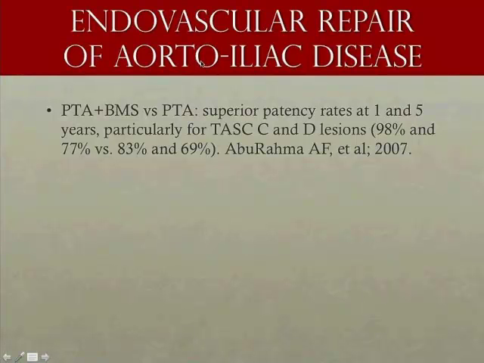I would guess that most of the people in the webinar would agree, if not all. In fact, this is just one study illustrating that in TASC-C and TASC-D lesions, the 1-year and 5-year patency rates for balloon angioplasty plus stenting are 98% and 77% respectively, compared to angioplasty alone, where the patency rates, at least in this study, were 83% at 1 year and 69% at 5 years.